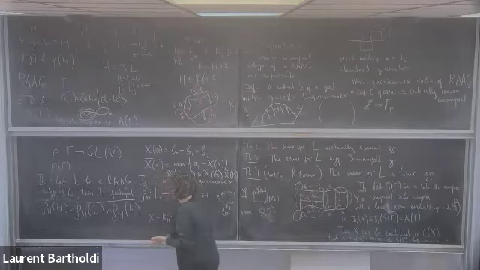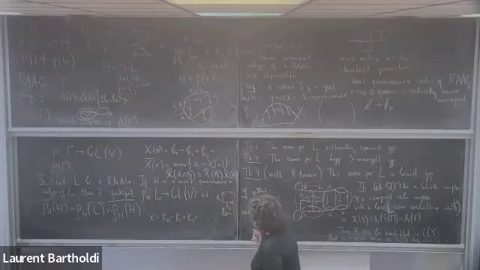Then chi is the alternating sum of k_i, where k_i is the number of simplices of dimension i. Now chi bar for a free group is exactly the rank of the free group minus 1.